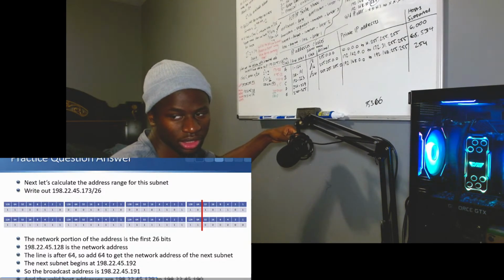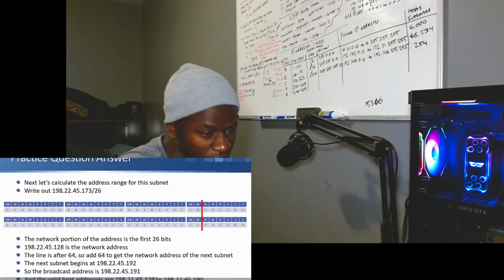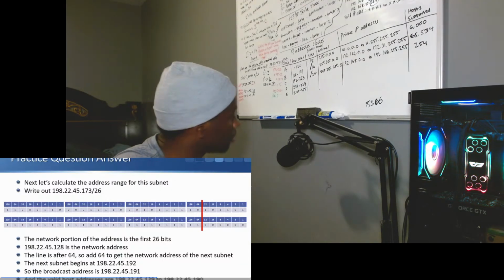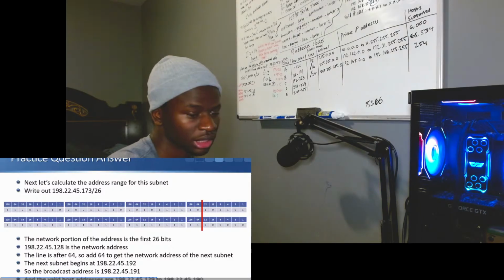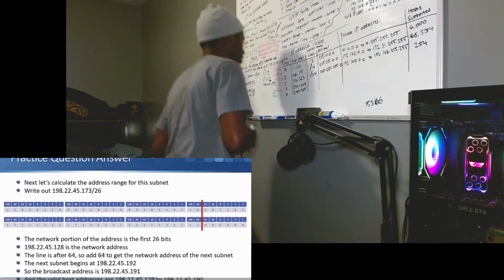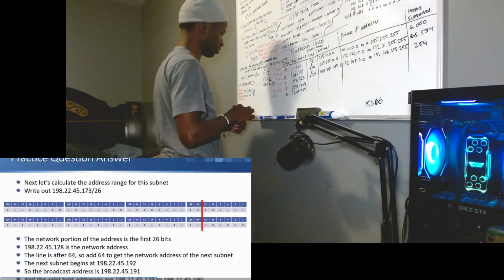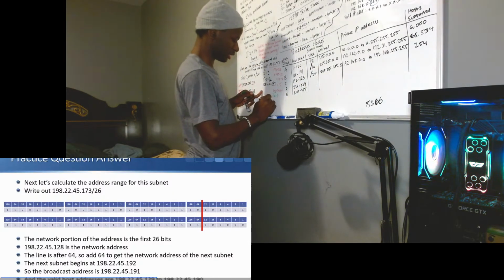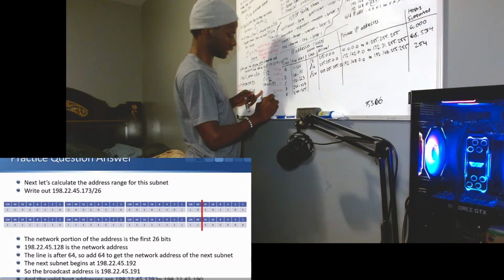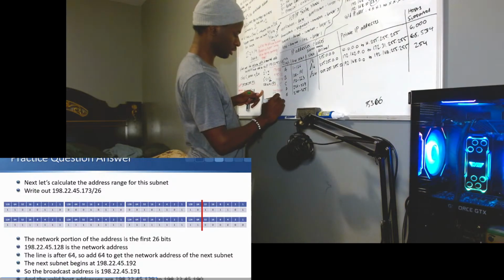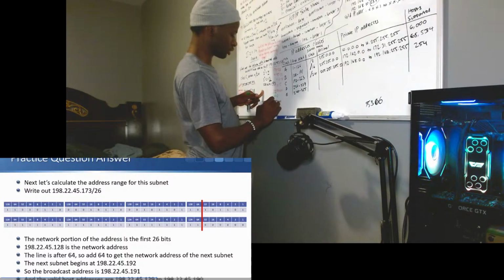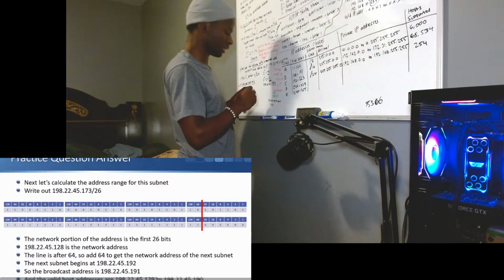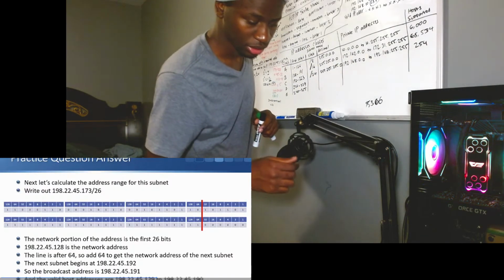So we got that 191 by adding, after the 64, 32 plus 16 plus 8 plus 4 plus 2 plus 1, which equals 63.